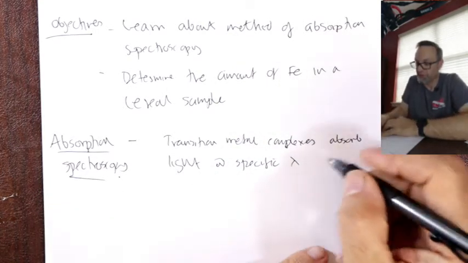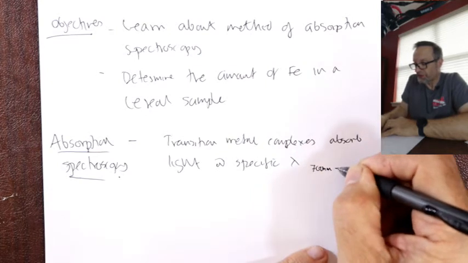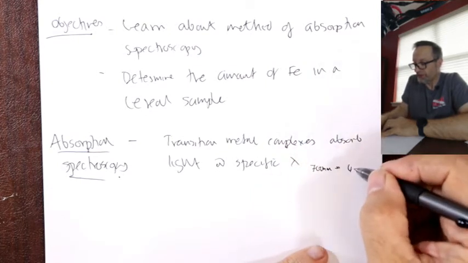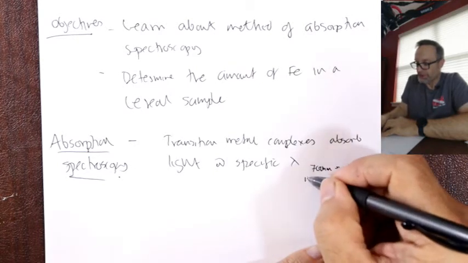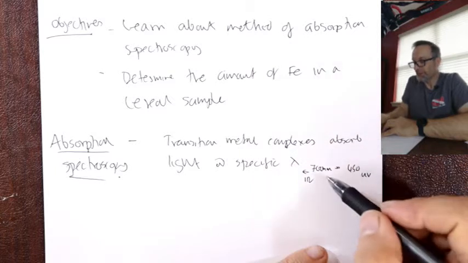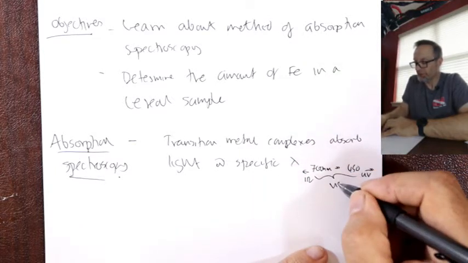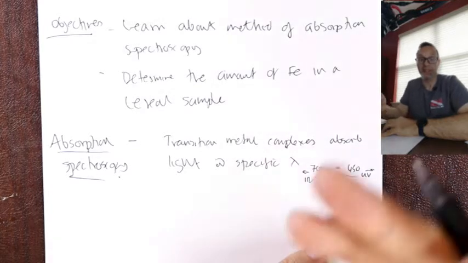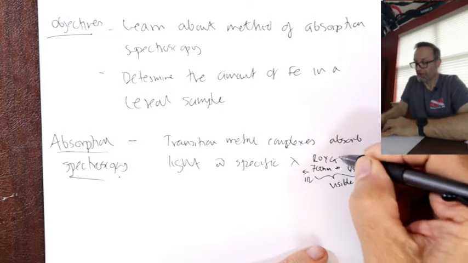Visible light runs from around 700 nanometers, which is red, to around 450 or so, which is ultraviolet. So infrared is past 700, ultraviolet is past 450, and in that range there is visible light. So we see in that range red, orange, yellow, green, indigo, violet.